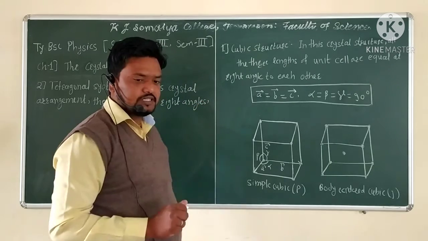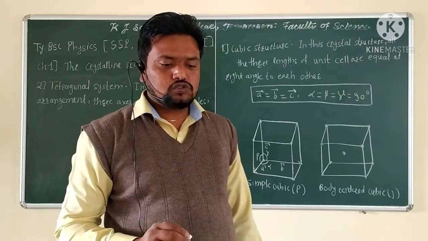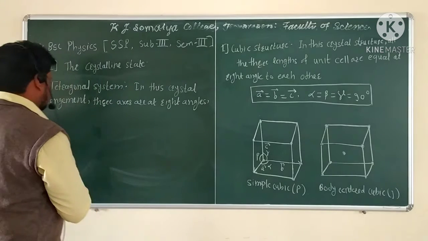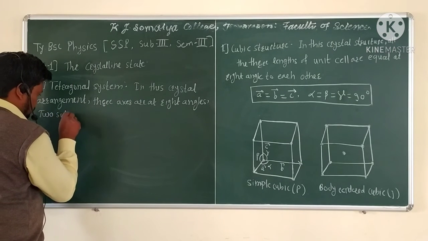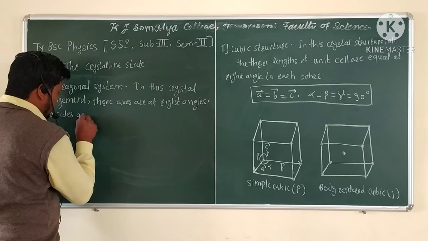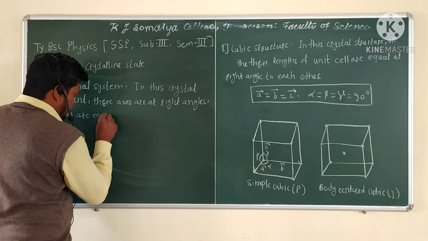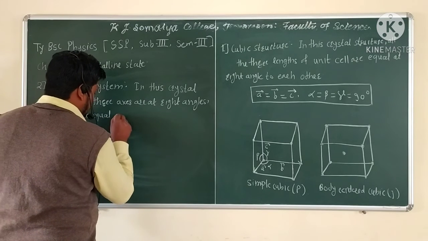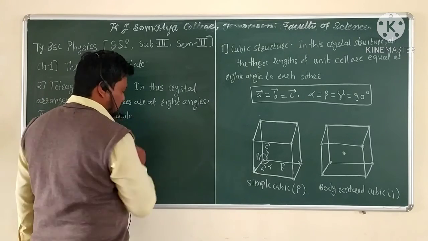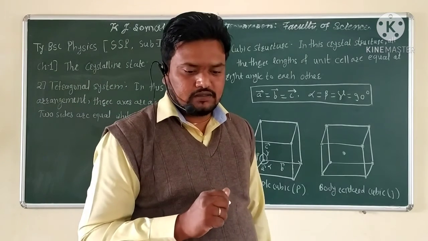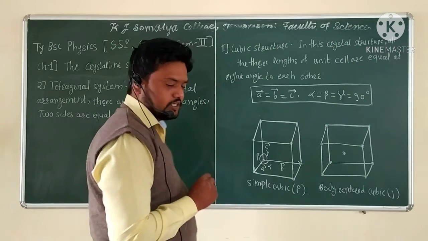This is the first condition. The next condition: two sides are equal, while the third side is different in length.